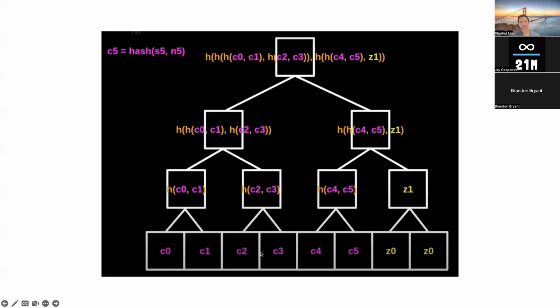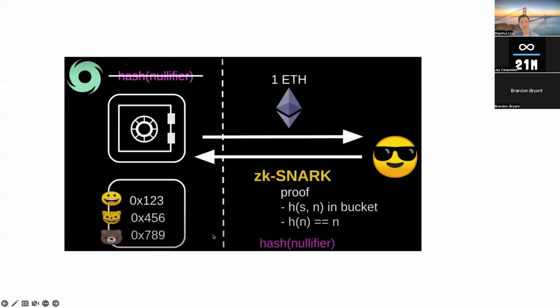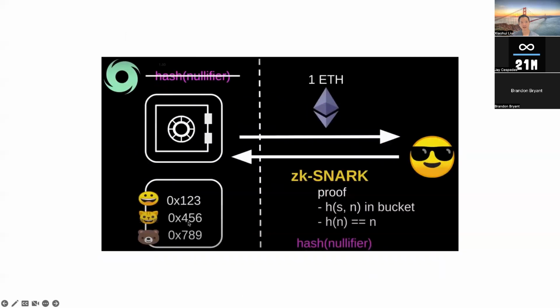When you organize this way, in the contract, instead of seeing the raw hashes, all this shows up in a single Merkle root.